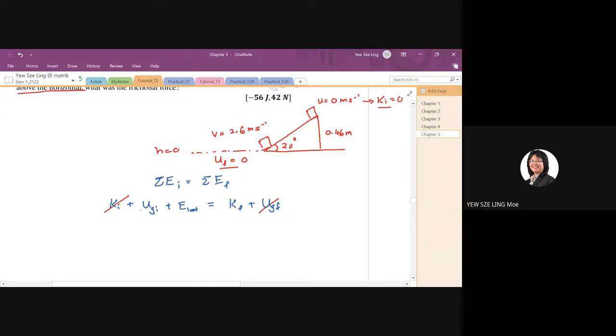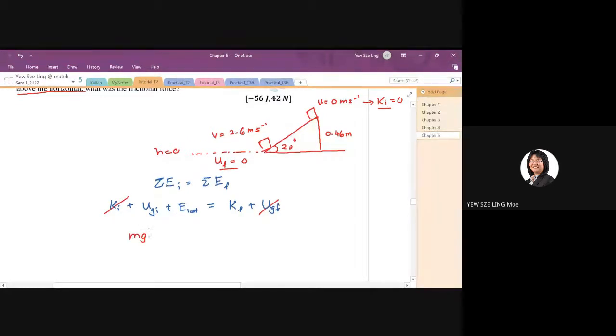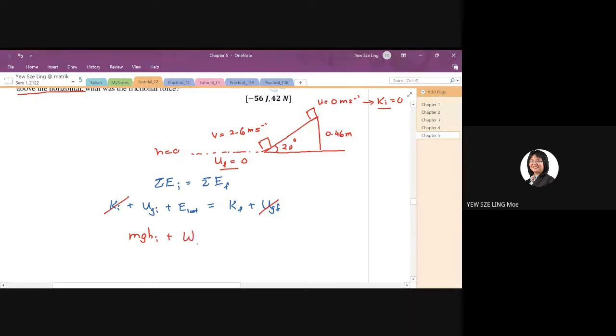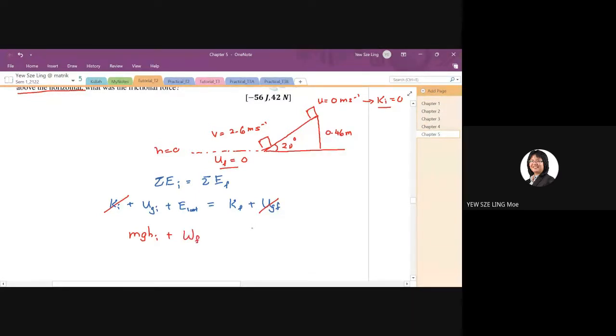UG initial is mgh initial plus the energy loss due to friction. To make it easier, I write it as WF, the work done to overcome the friction along the surface, which equals half mv squared.